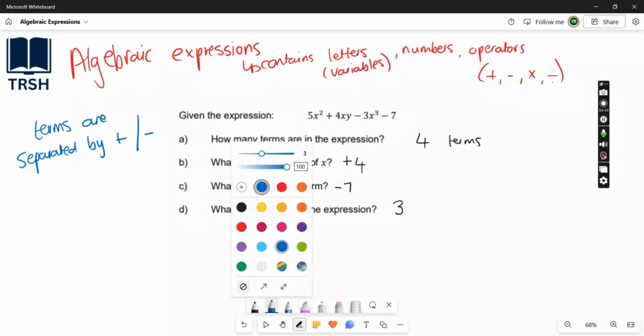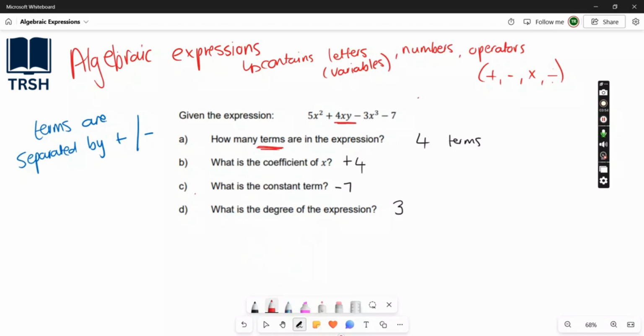Please note, guys, that whenever we're dealing with exponents, if you see a number or variable with no exponent, like in this case, then the exponent of x is 1, the exponent of y is 1. Do not leave it out because they didn't write anything. The exponent will just be equal to 1. I hope this made sense. Let's move on. This is some of the types of questions that they might ask you.